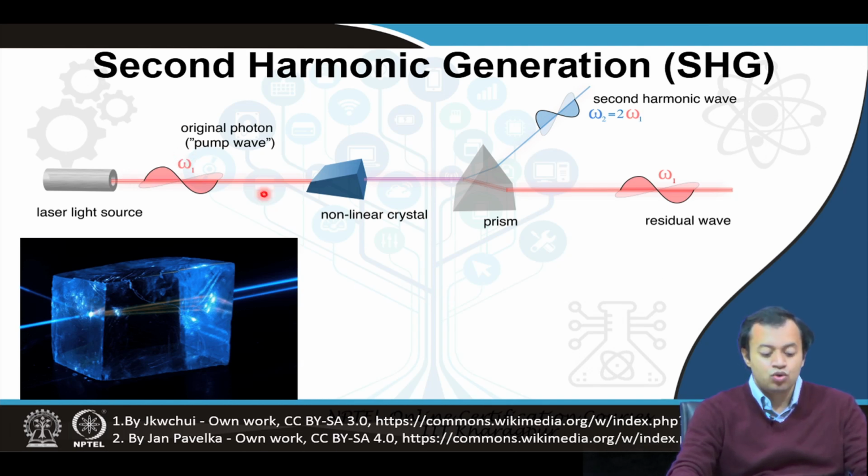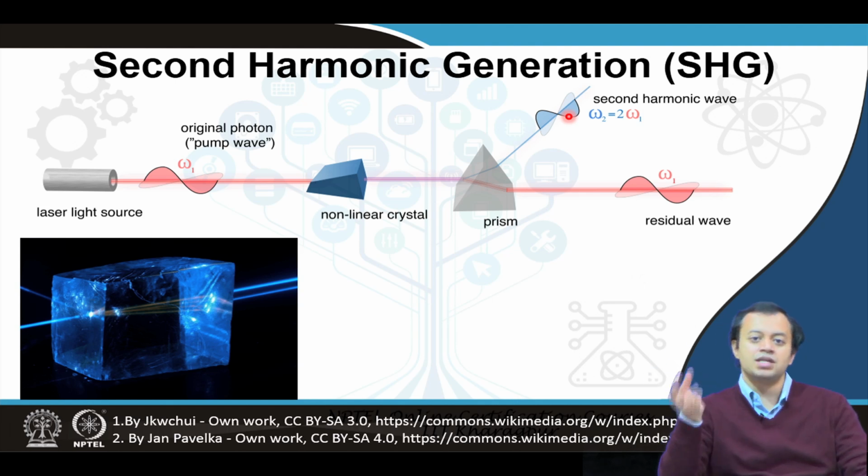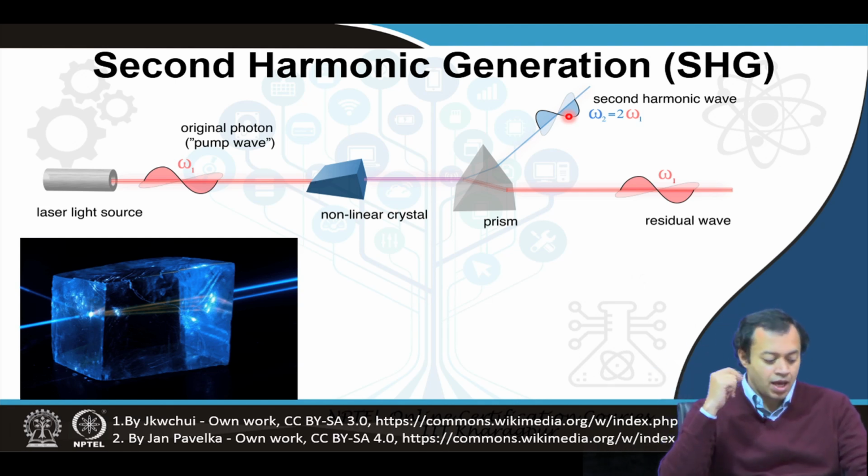Two of the red wavelength light, say around 800 or 750 or 700, combine together and give you an output laser which is twice the frequency, and thereby you can convert or tune a low frequency laser into a high frequency laser. You can tune a high wavelength laser into a low wavelength laser.